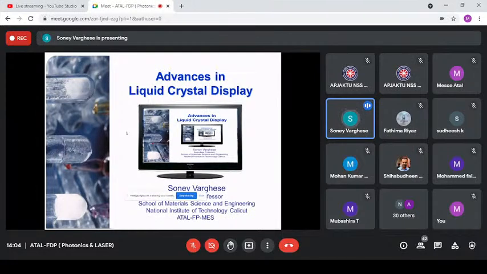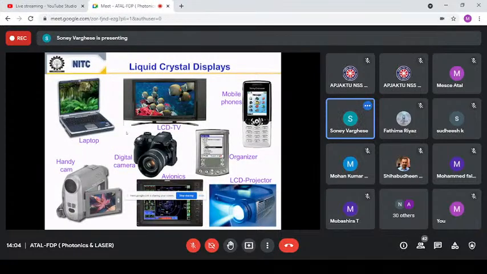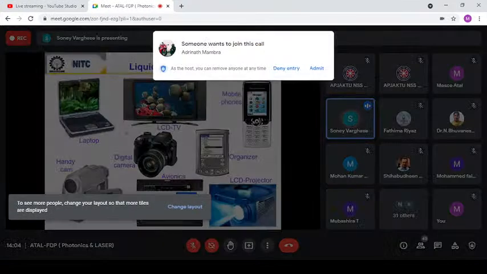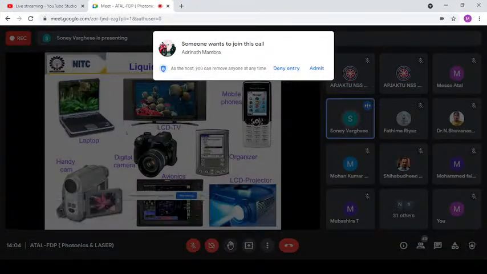As you know, LCD devices, or liquid crystal display devices, are becoming one of the very important human machine interface devices. Especially once the online classes started, you have seen the importance of such display devices.